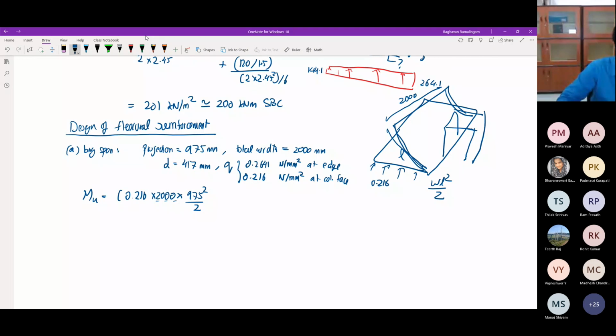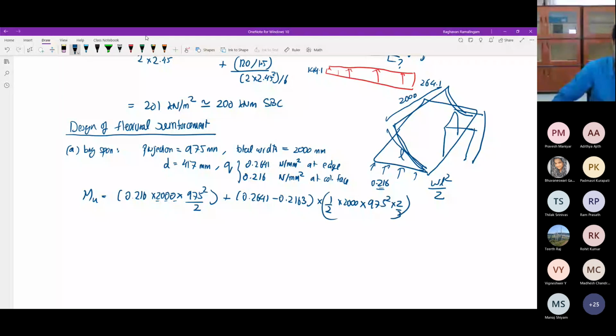This is if I directly use the average value. I'm allowed to use it, or if I want to be more accurate, I can also do 0.2641 minus 0.2163 into 1 by 2 into 2000 into 975 square into 2 by 3.